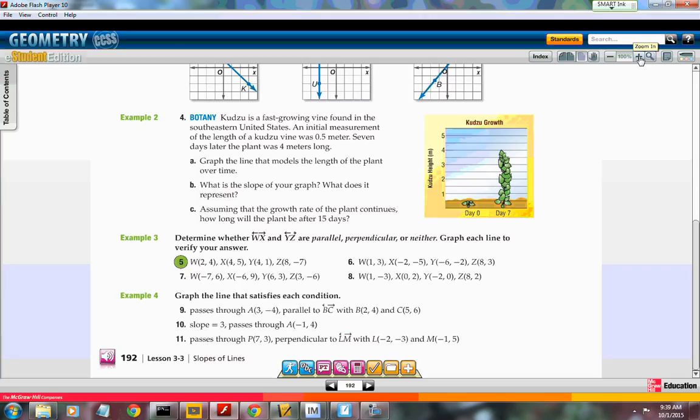I'm not going to make you graph each line to verify your answer unless you want to. But when you get to numbers 9 through 11, it says graph the line that satisfies the condition. You have to graph that one. But if it just says graph to verify, you don't have to do that. All right. Any questions?